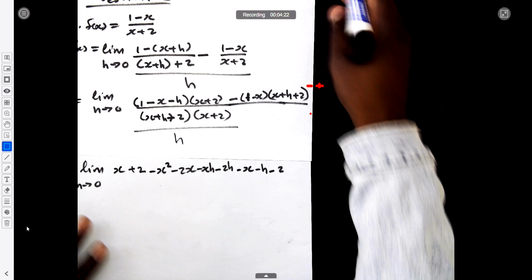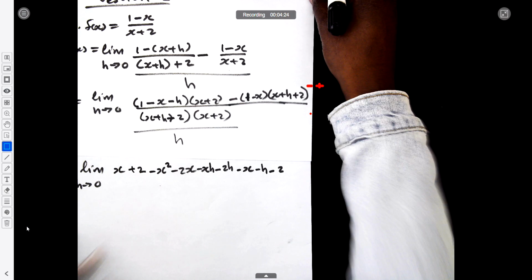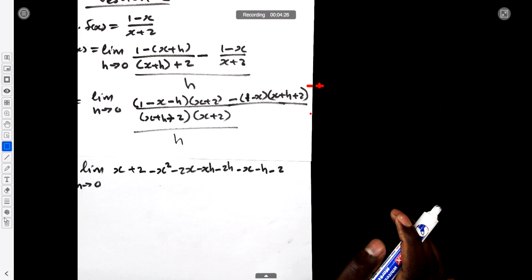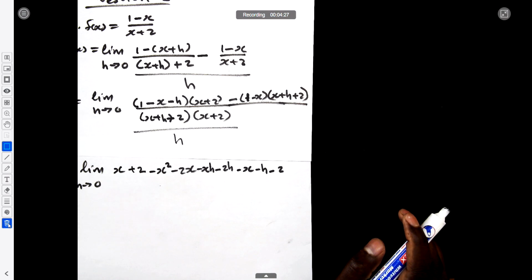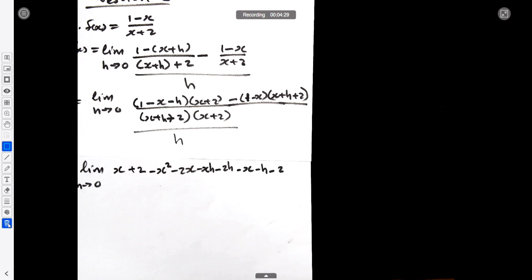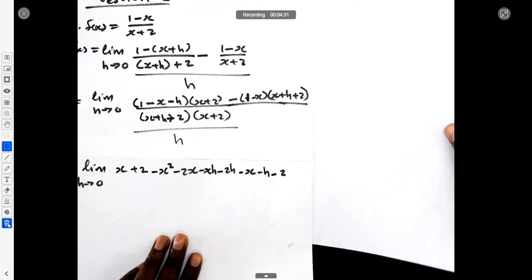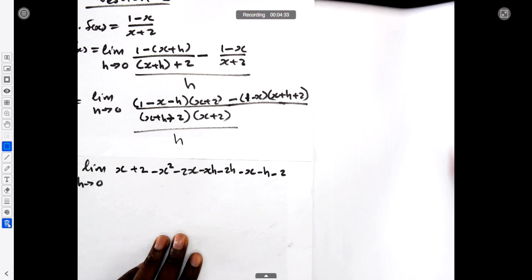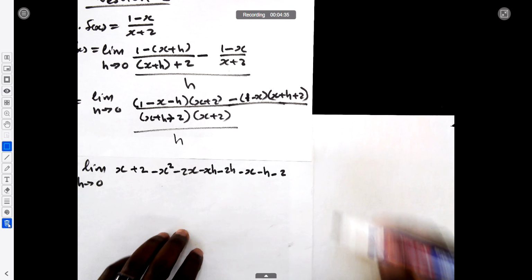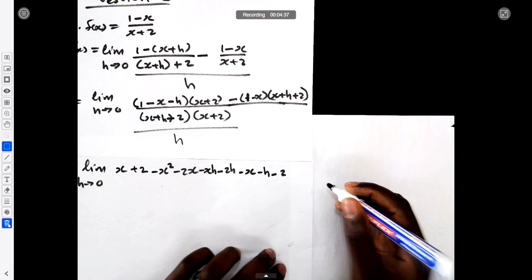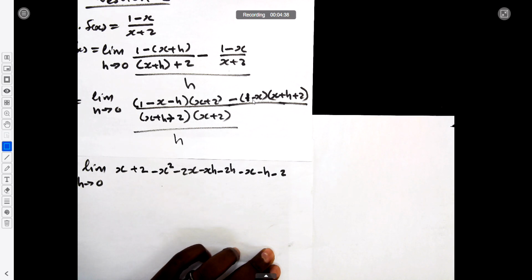So we're going to multiply now our positive x there. As we said, let me just rewrite it here. And we have negative, this is positive x.